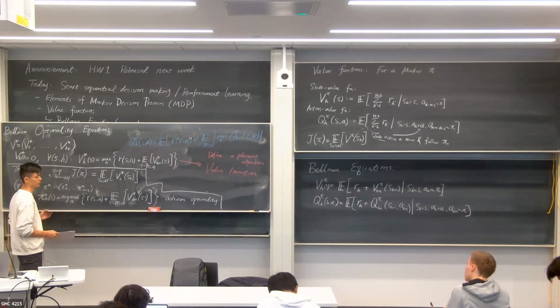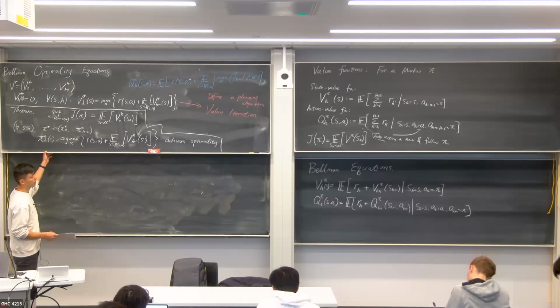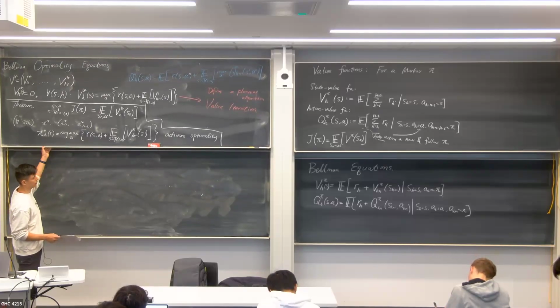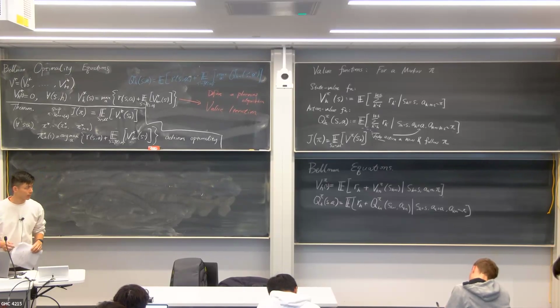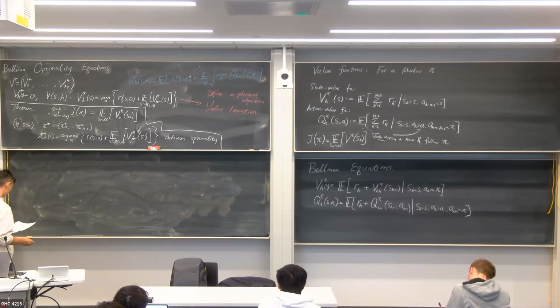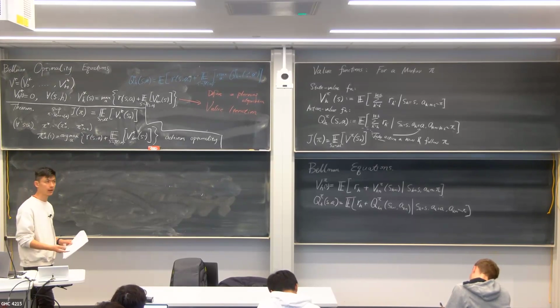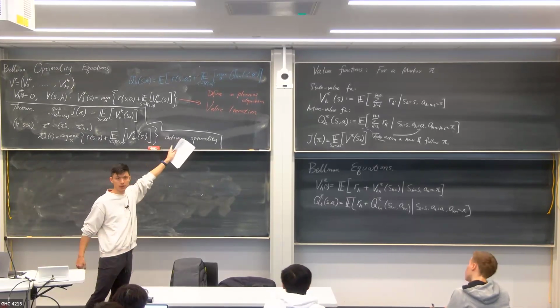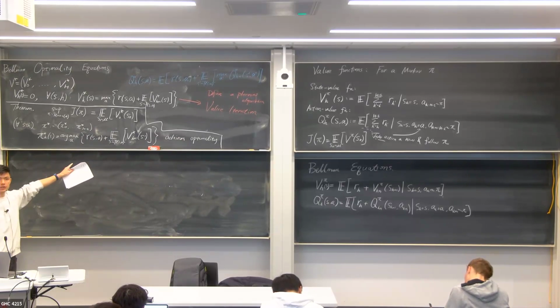Okay, so let me say a few more things about planning, or how to solve an MDP. This will open up some of the basic principles of the next few lectures. So we'll actually spend more time on a different kind of paradigm. This is called value iteration. You just find V star and back out the policy.